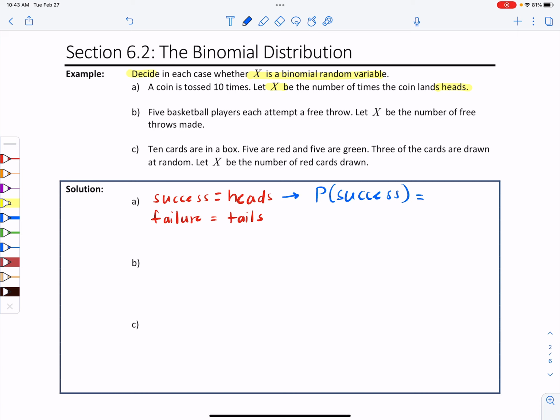Each time we flip a coin, one outcome is heads. There are two outcomes total, and that is not going to change for any of the trials that I have here. It's not going to change for any of the 10 times that I flip a coin.